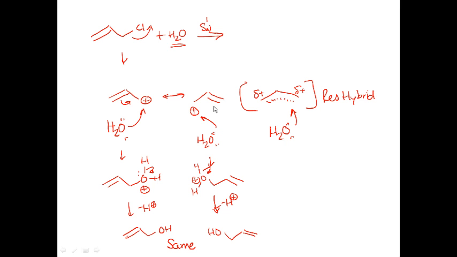So what we will do whenever we encounter the carbocation resonance structures is I'm going to treat each one as if it was the intermediate of the reaction, and then add the nucleophile to those to get my different possible products.